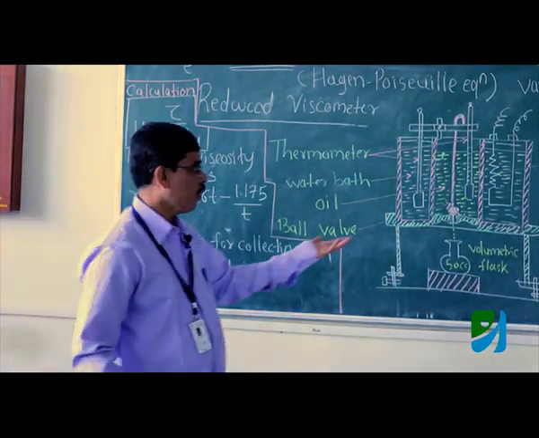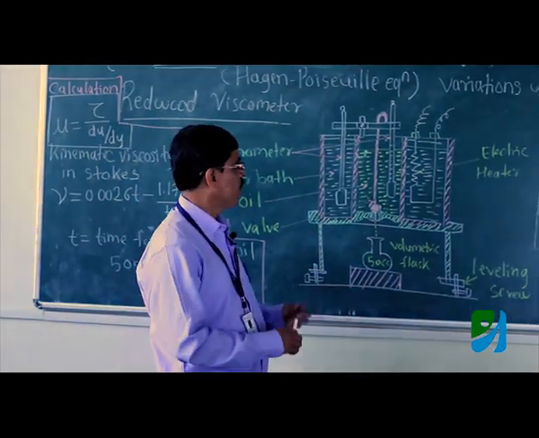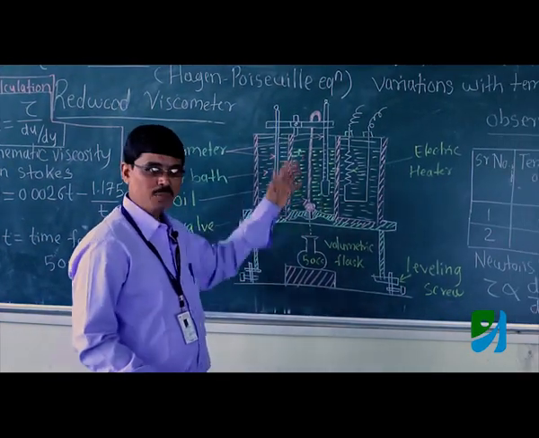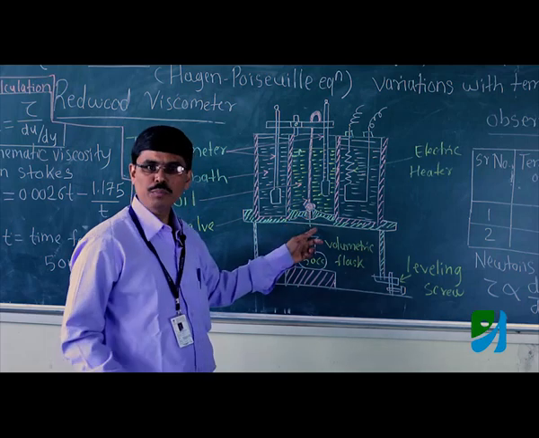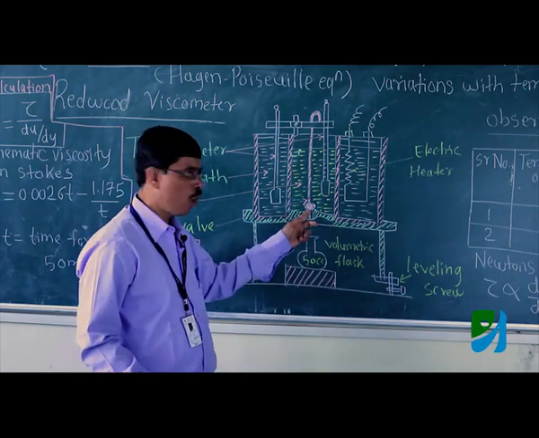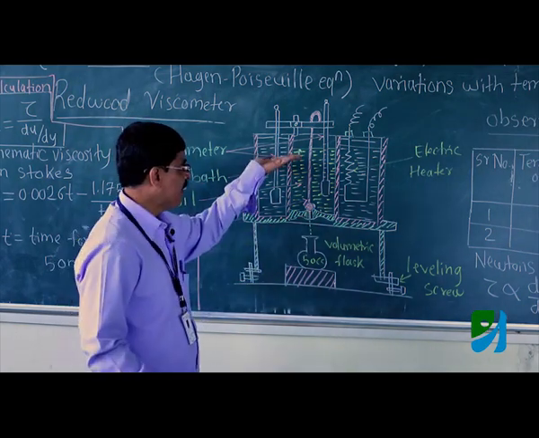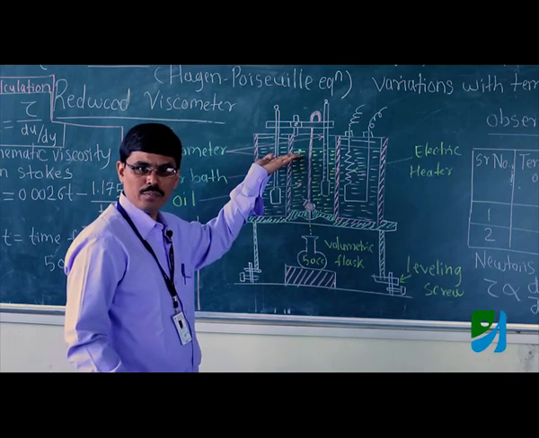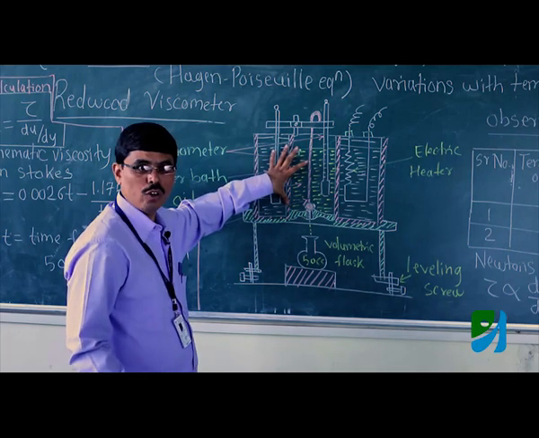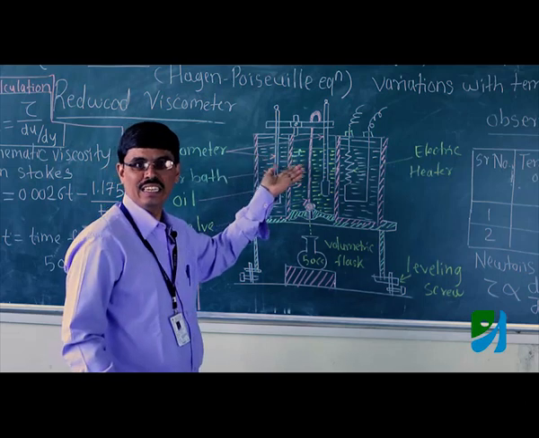As far as the procedure is concerned, before starting the experiment you have to close the orifice by placing this ball valve, then fill the oil till the index mark, that is exactly the quantity of oil to be in the vertical cylinder.